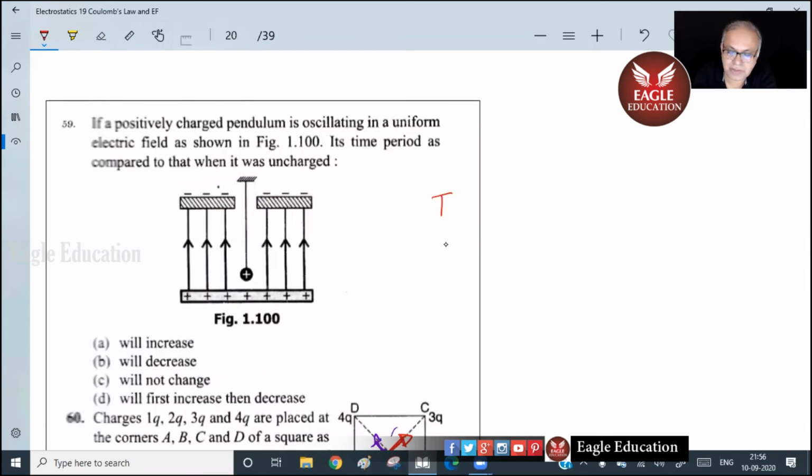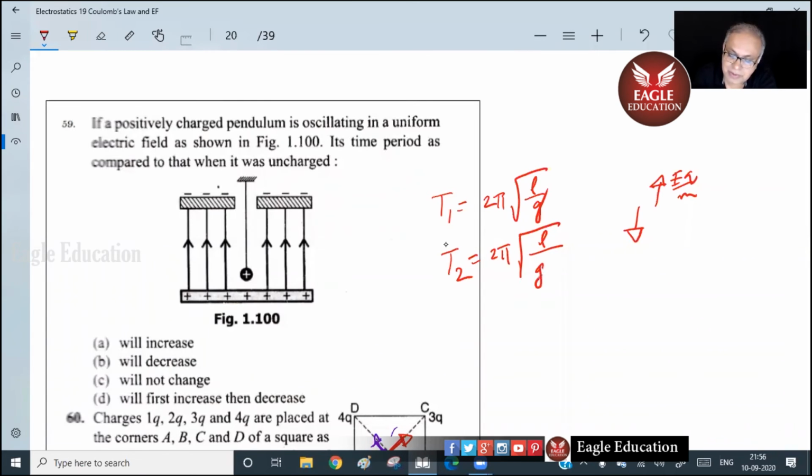T1 equals 2 pi root L by g. Now, charge it and apply an electric field. EQ force is up. Mg is down.